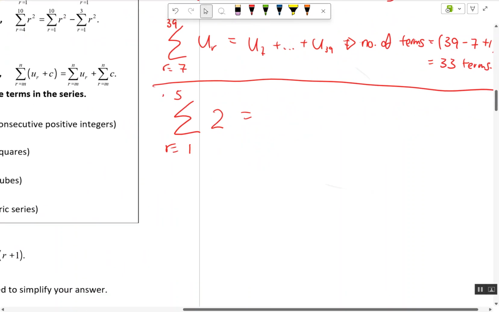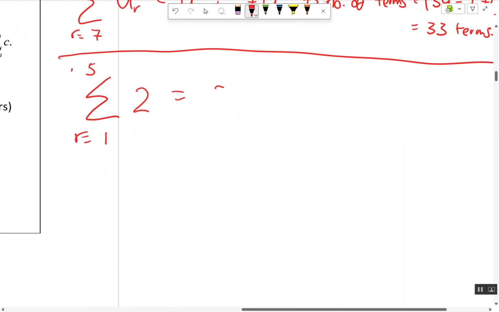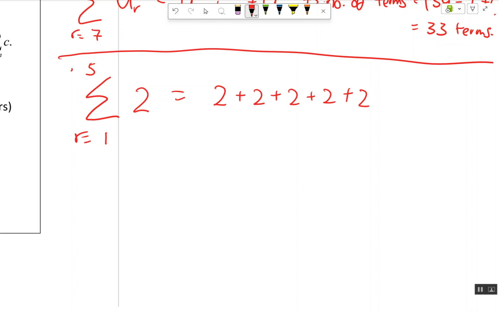This means I'm going to add 2 plus 2 plus 2 plus 2 plus 2, 5 times, because u1 is 2, u2 is still 2, u3, u4 and u5 are still 2. In layman terms, this is just 5 times 2, which is 10.